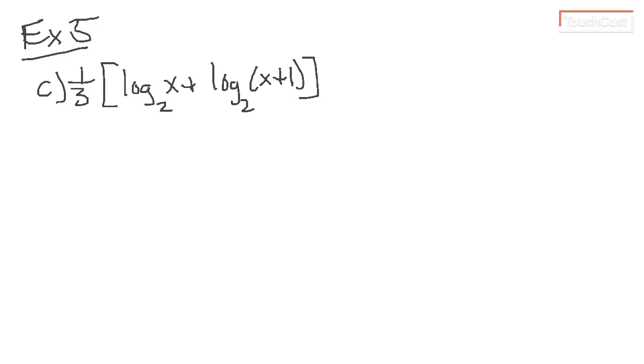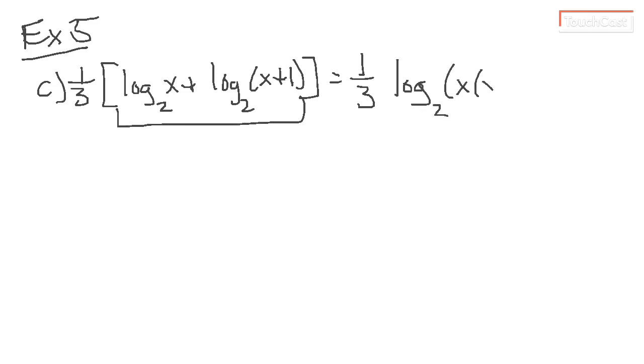And we're going to rewrite this. So first, I look at what's in the brackets, the log portion, and I can see I can rewrite that using the product property. So we're going to have 1/3 times the log with a base 2 of x times x plus 1.